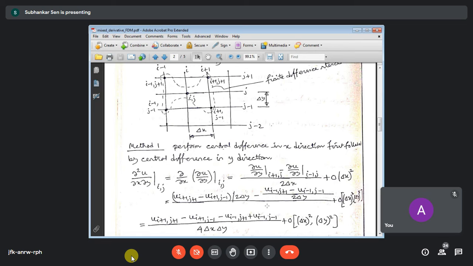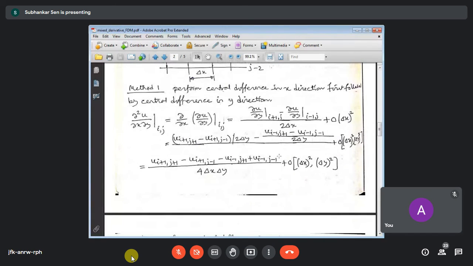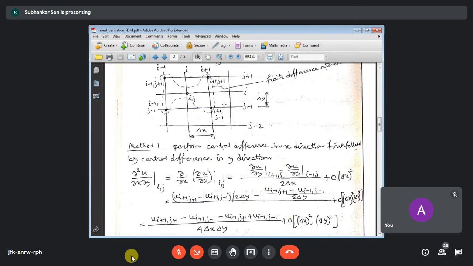Okay. So the order of accuracy for the y derivative is delta y whole square. So if you simplify this term, then this is your finite difference approximation of the mixed derivative. So you have all these corner nodes, okay? So u i plus 1, j plus 1, then u i plus 1, j minus 1.